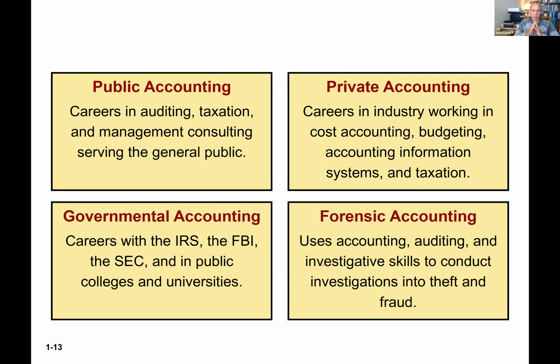A forensic accountant would probably come in and do some of that work. Private accounting, those are the people that work for, say, Apple. They're involved in helping issue their financial statements. So all of these are different opportunities. We don't even mention the not-for-profit sector here. Accounting can take you into many, many different directions.